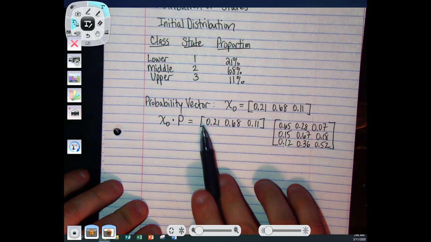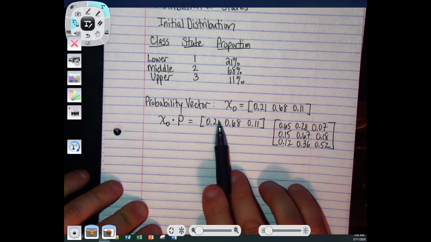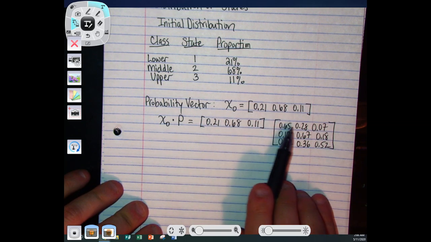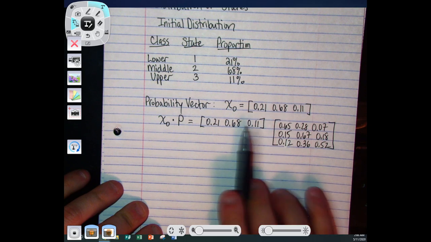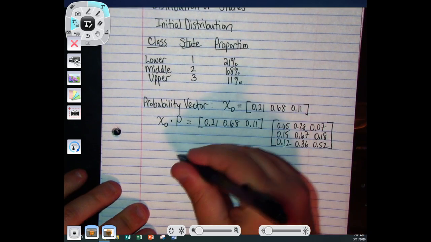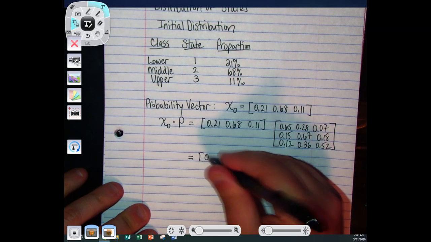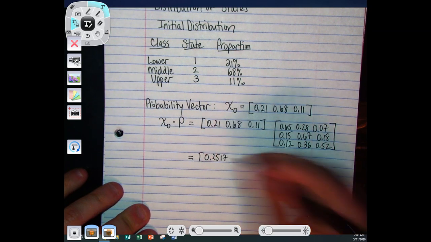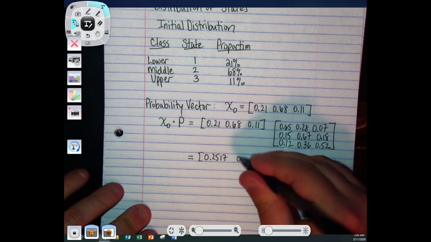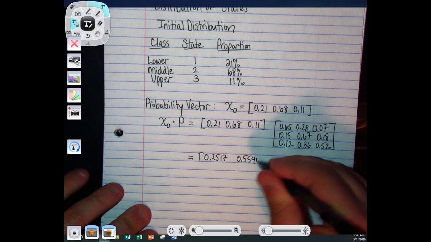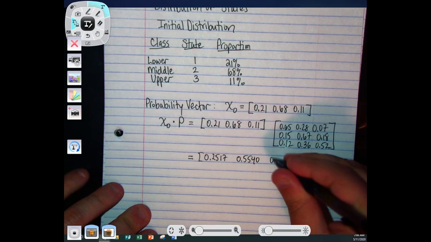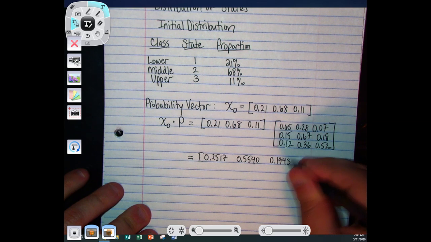We take each entry in the row, multiply it by each entry in the column, and then add those together. When I multiply those together, we get 0.2517, 0.5540, and 0.1943.